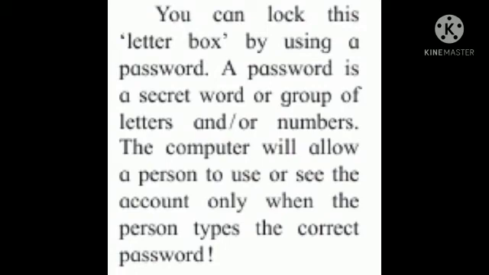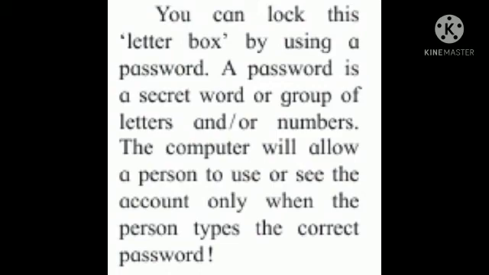You can create your password from a secret word or group of characters, for example your birth date, any numbers, any alphabet. Whenever you are going to open the email box, first it asks for the password, so your account will be safe.